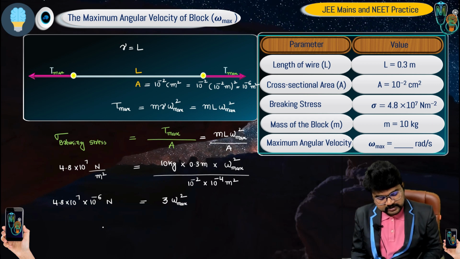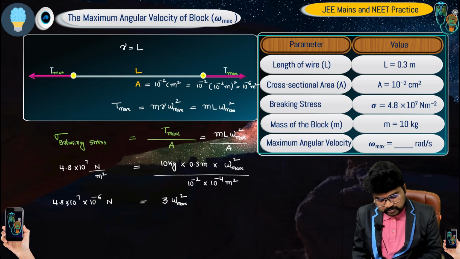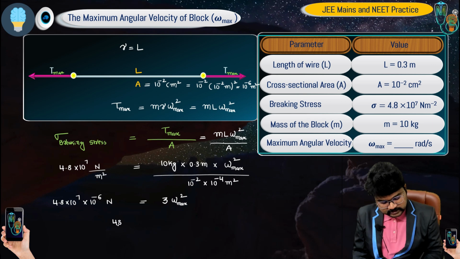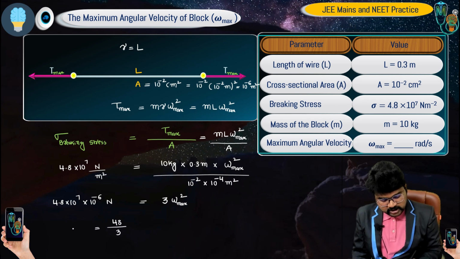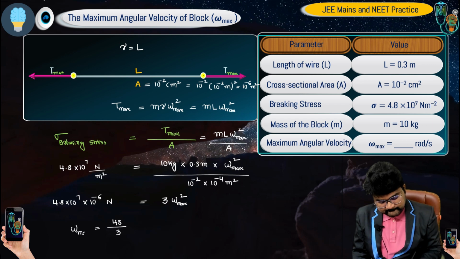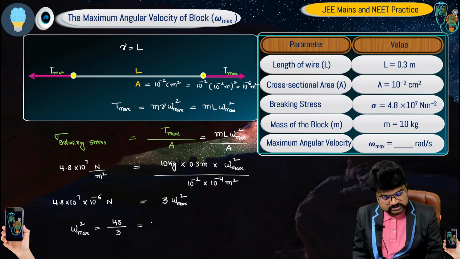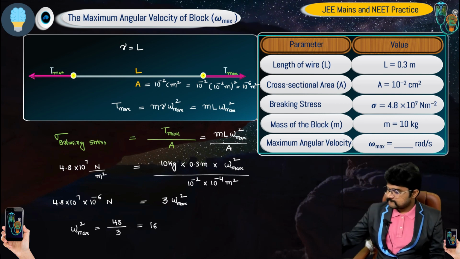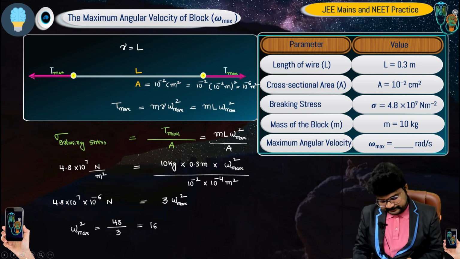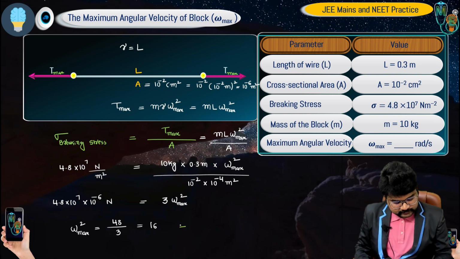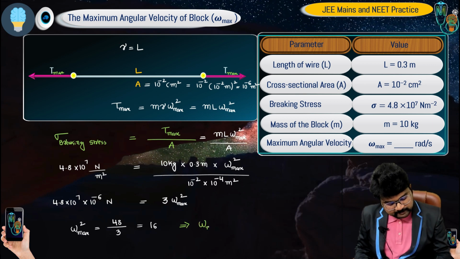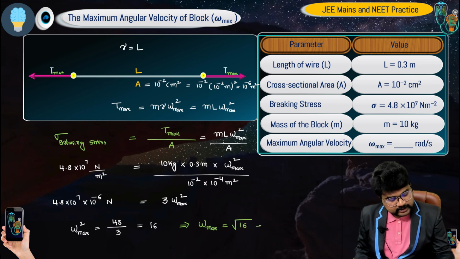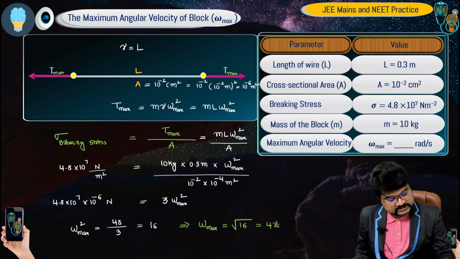Finally, 4.8 into 10, you will be getting 48 by 3. Omega maximum square equal to 16. Omega maximum equal to square root of 16, equal to 4 radians per second.